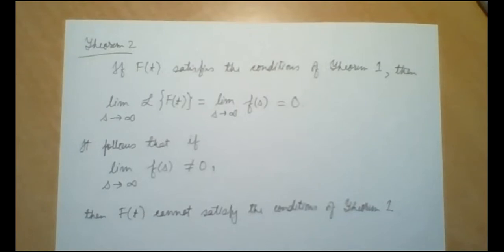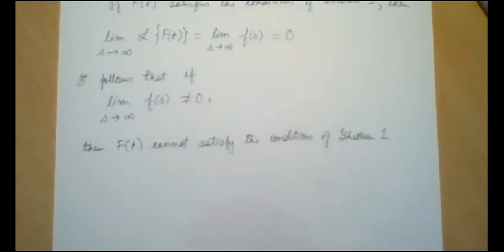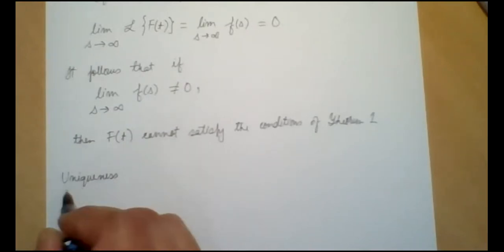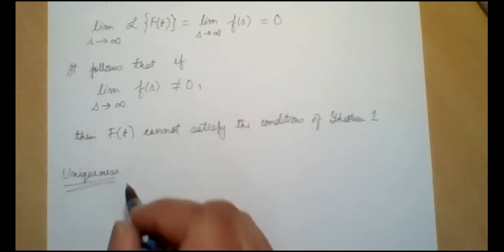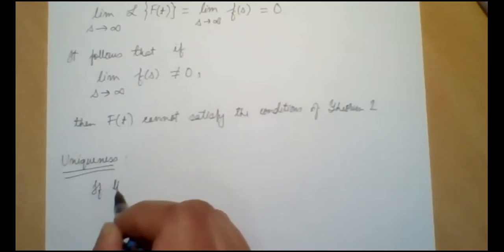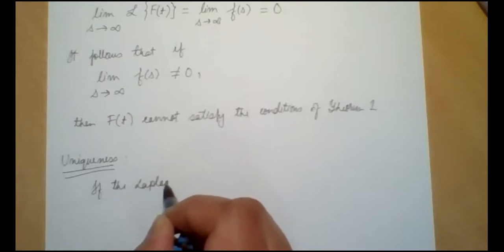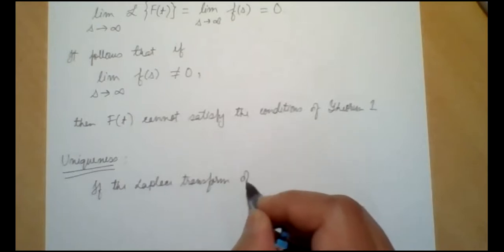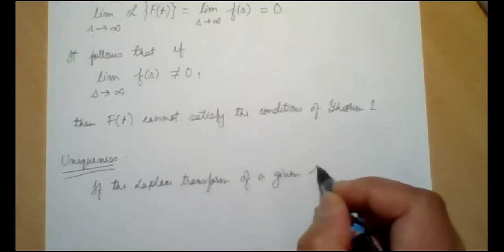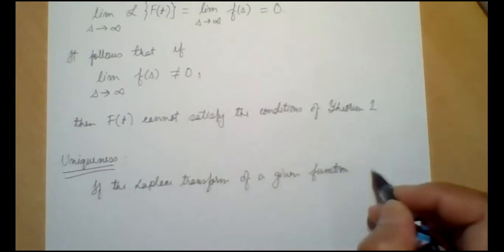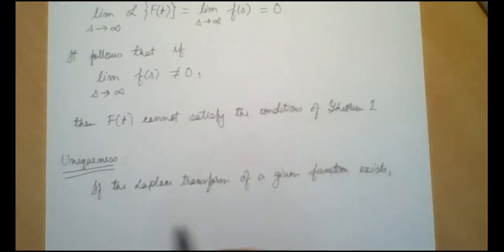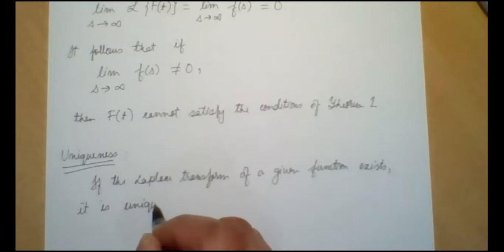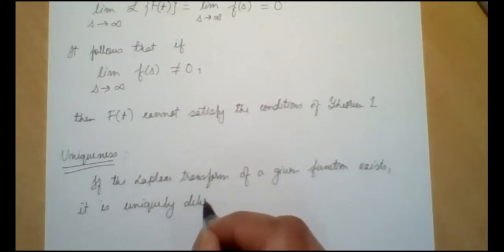Then finally, we'll write down one property, and that is the uniqueness property. And what does it say? If the Laplace transform of a given function exists, then it is uniquely determined.